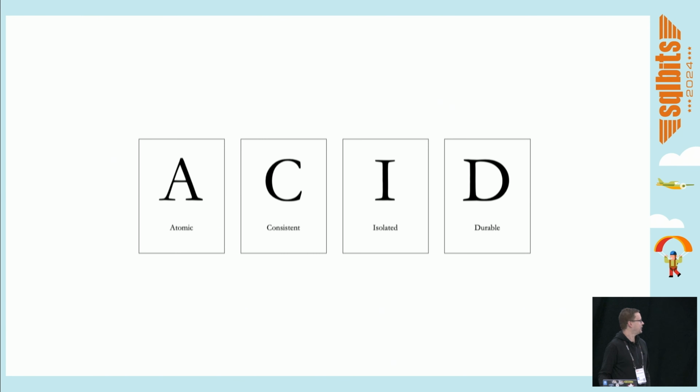So, ACID is an acronym. It means that any transaction you do in the database, when you do begin transaction, commit transaction, or if it's an implicit transaction, basically an update, insert, delete, has a certain set of guarantees, things that the SQL Server engine promises you.